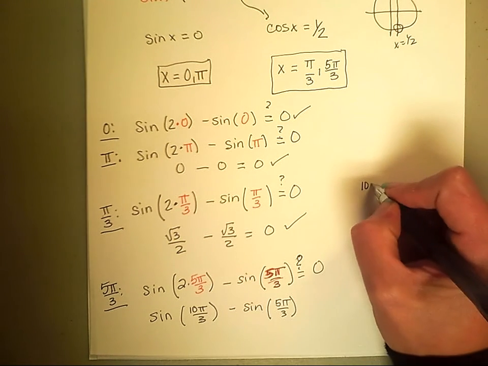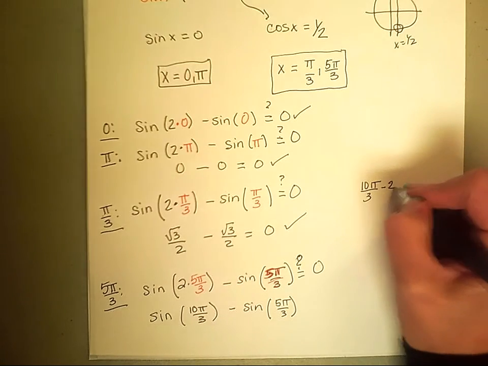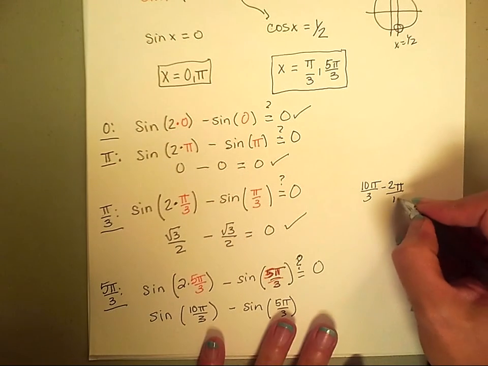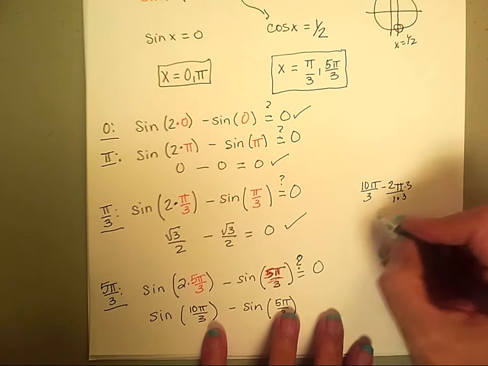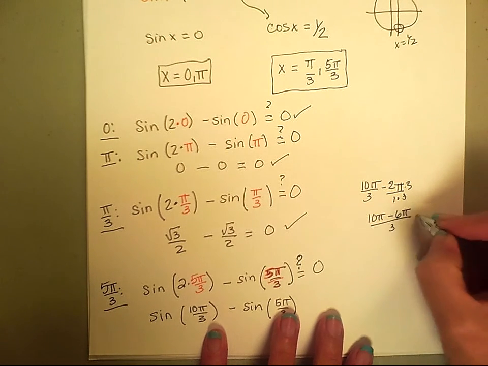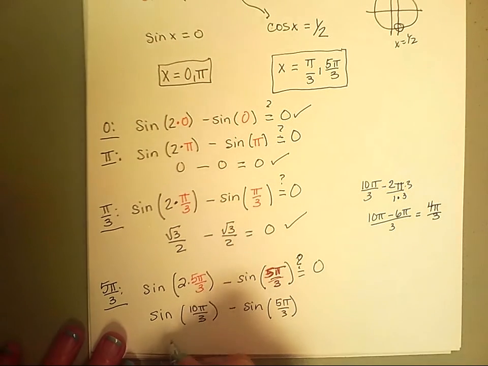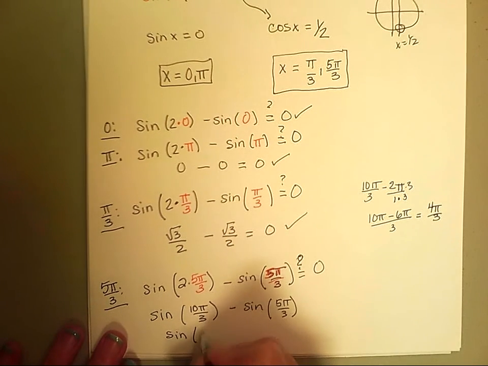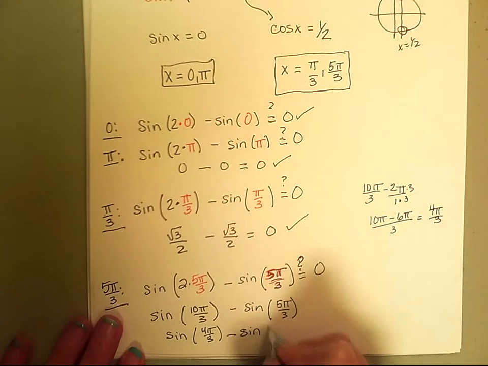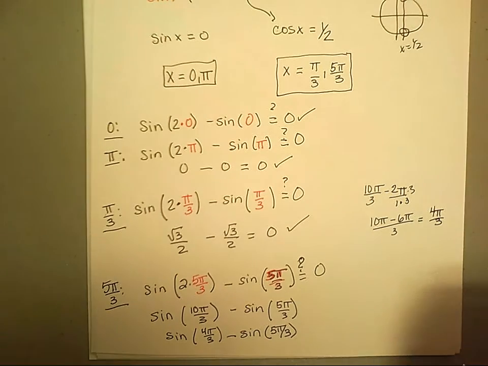So let's find the coterminal angle. 10 pi over 3 is larger than 2 pi. So if we subtract off 2 pi over 1 times 3 over 3, getting a common denominator, that's 10 pi minus 6 pi over 3. So this is the same as 4 pi over 3. So is the sine of 4 pi over 3 minus the sine of 5 pi over 3.